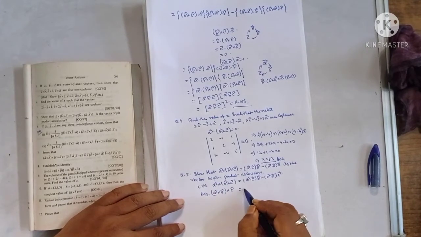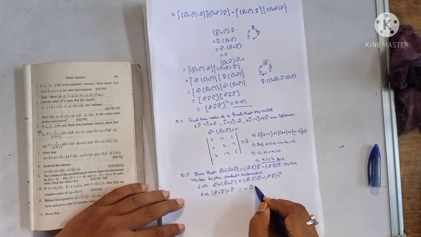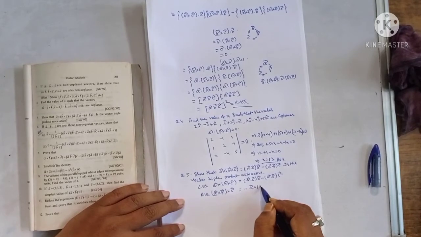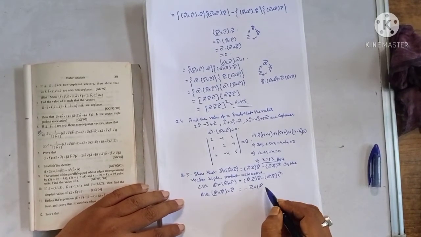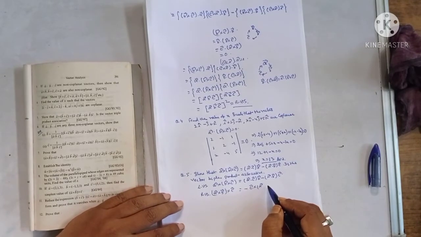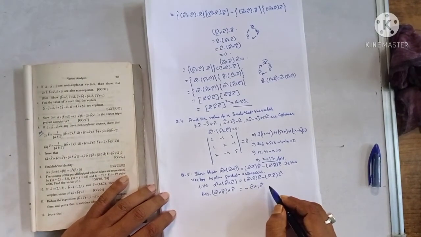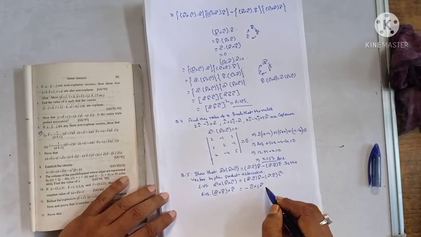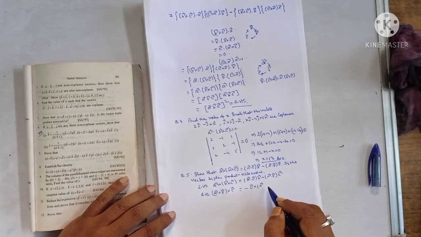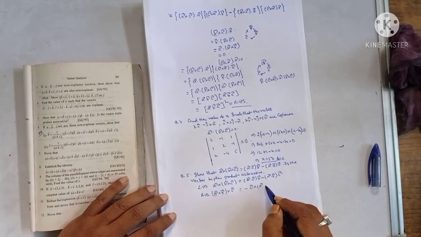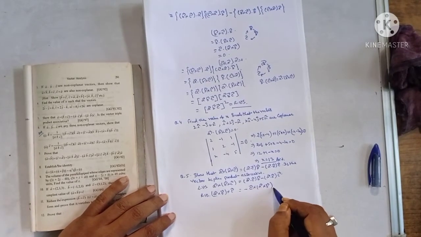This you can write as minus C vector cross A vector cross B vector.